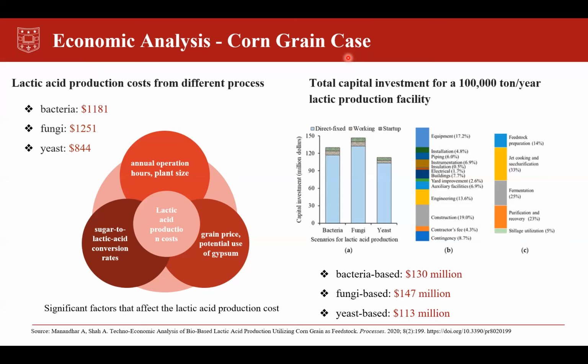So in total, the total capital investment for a 100,000 ton per year lactic acid production facility is about $130 million for the bacteria-based pathway, $147 million for the fungi-based pathway, and $130 million for the yeast-based pathway.